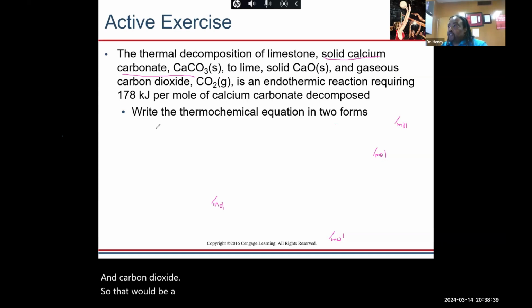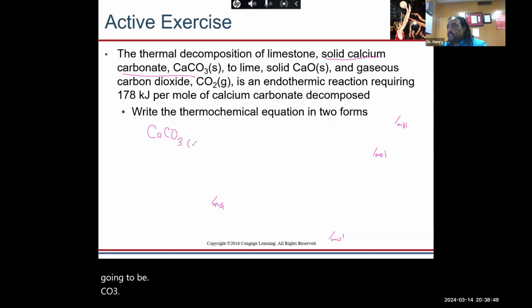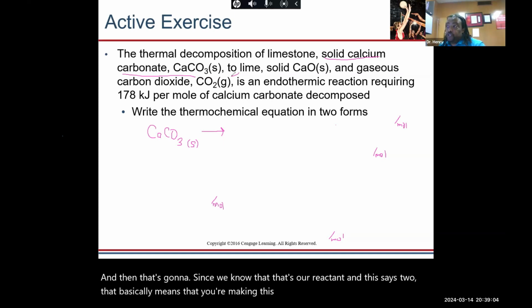So this part is going to be our reactant. That's going to be CaCO3, solid. Since we know that's our reactant, and this says decomposing, you're decomposing it into this.